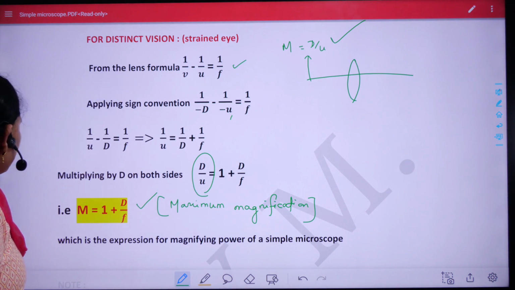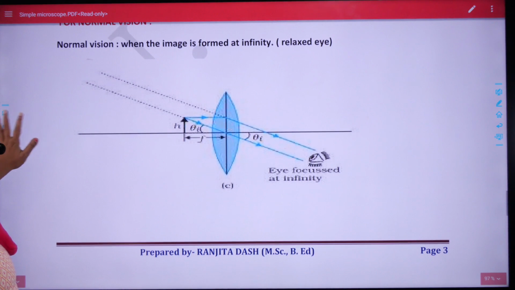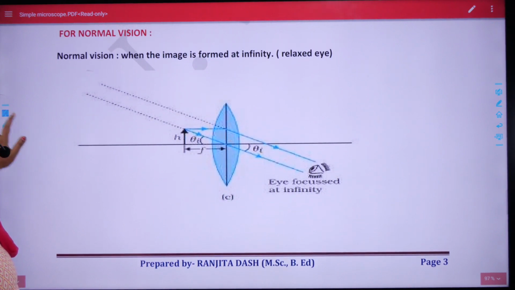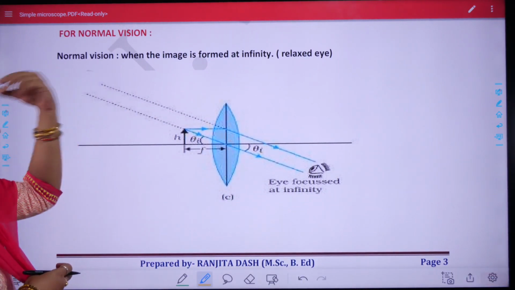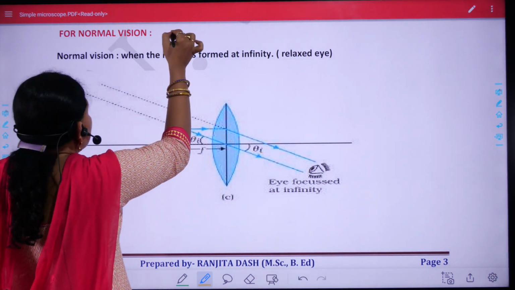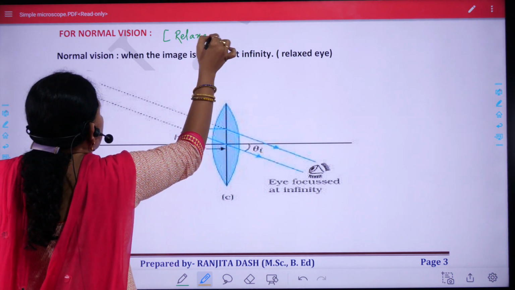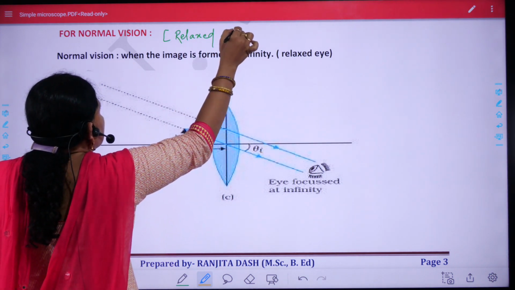The second condition is for the normal vision. See, for the normal vision, this is the condition, this is the ray diagram. This is for the relaxed eye.